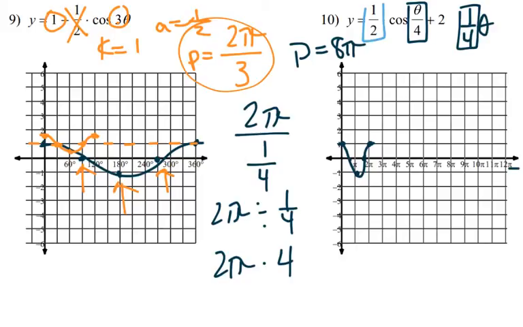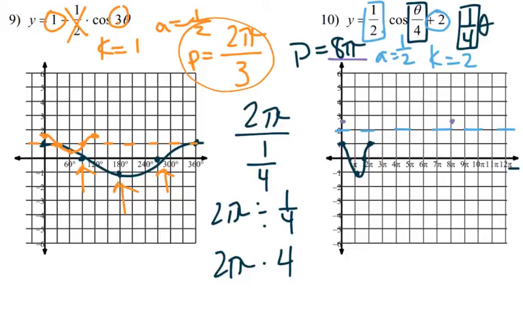Okay, we've got an amplitude of 1/2, and we're midline shifted to 2. So up here is where my midline is. Okay, but then we're only going 1/2 above and below. So my beginning is 1/2 above that. My ending, which ends at 8 pi, is 1/2 above.